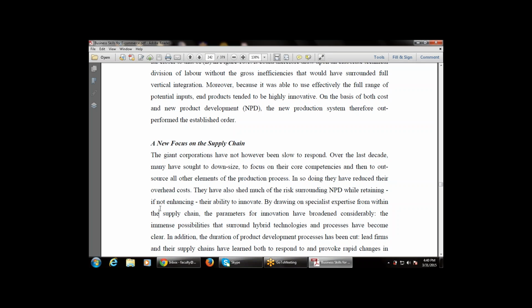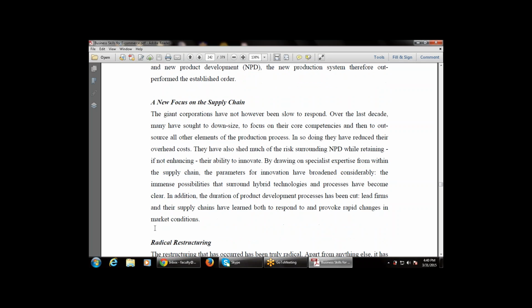They have also shed much of the risk surrounding NPD while retaining, if not enhancing, their ability to innovate. By drawing on specialized expertise within the supply chain, the parameters for innovation have broadened considerably.